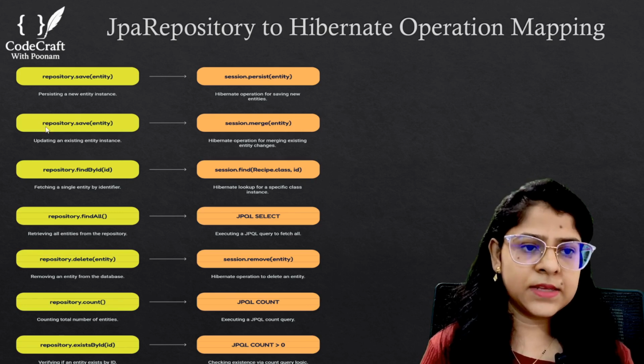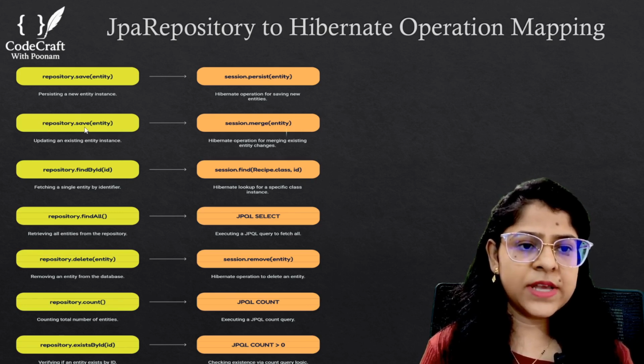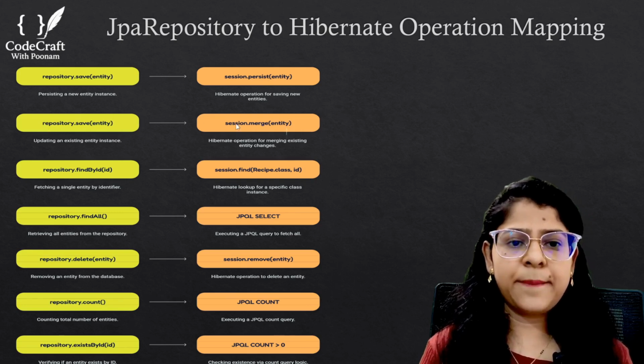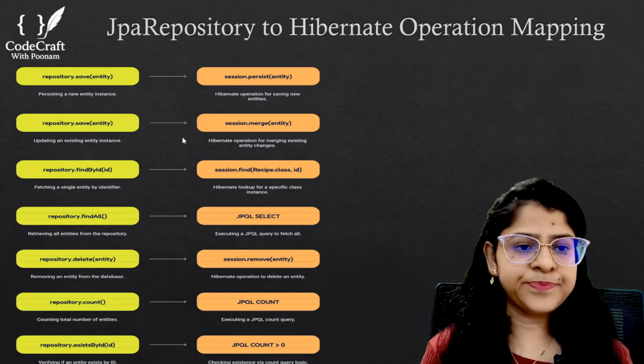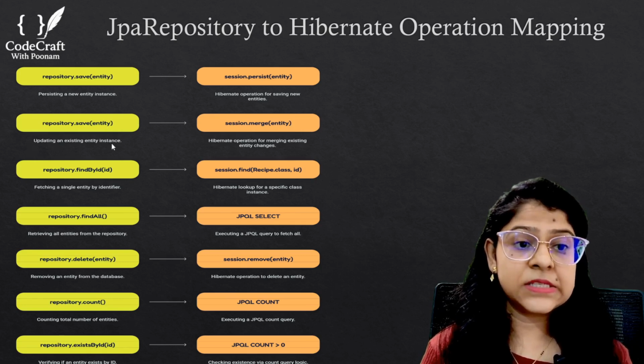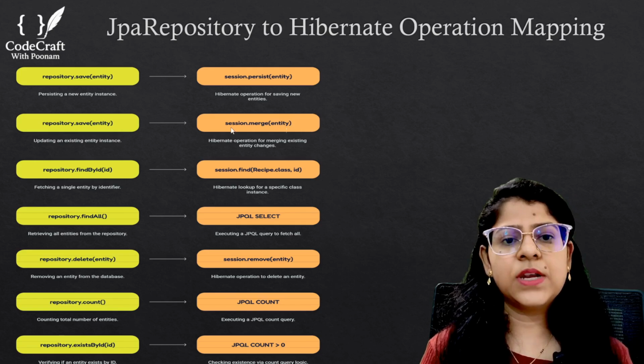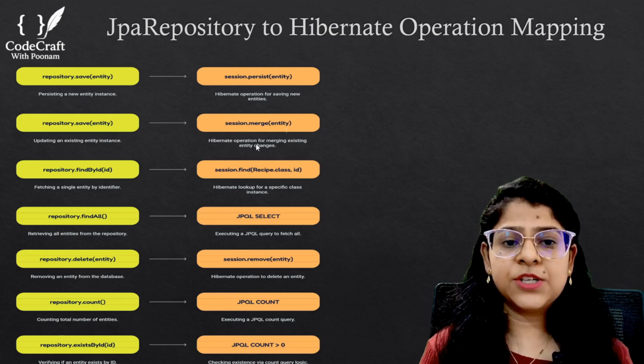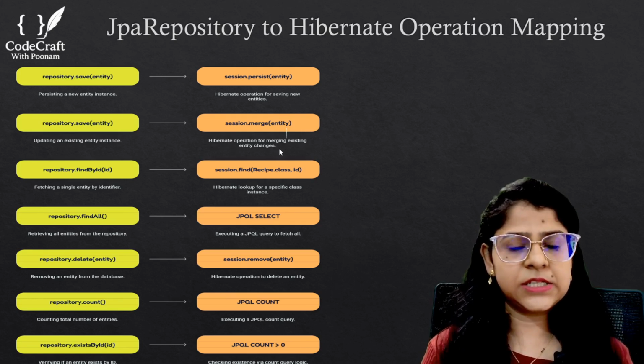And then the same repository.save(entity) will map to session.merge. Here the repository.save method is used to update an existing entity instance, whereas the session.merge method is used to perform the Hibernate operation for merging existing entity changes.